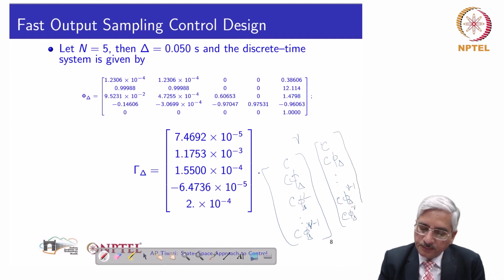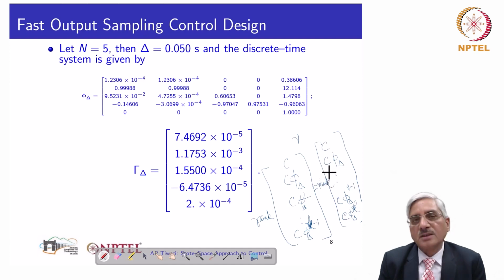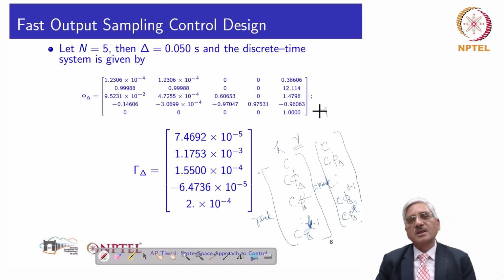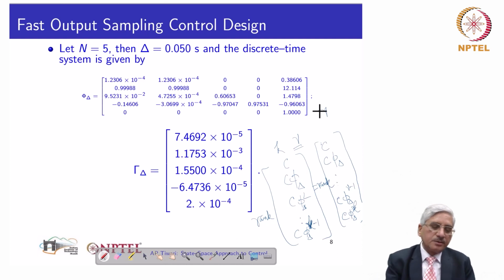It has more rows, you can see. So that largest value of k, for which the rank of this is equal to the rank of this, is denoted by nu, the observability index of the system. And for this system it is 5, nu is 5.